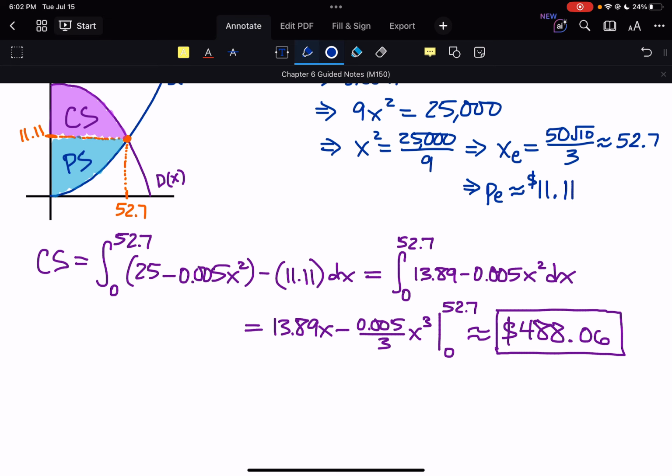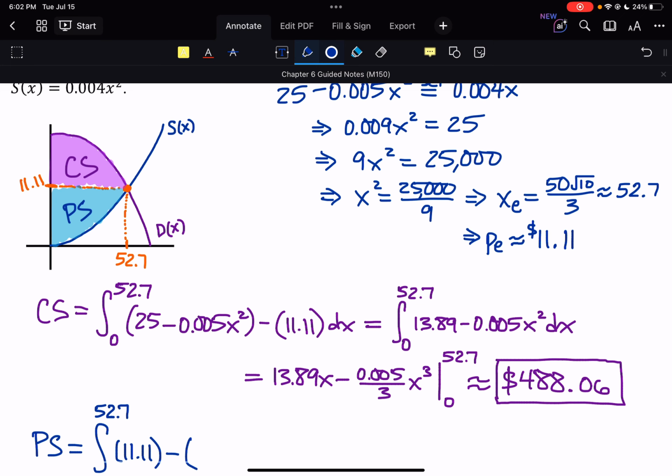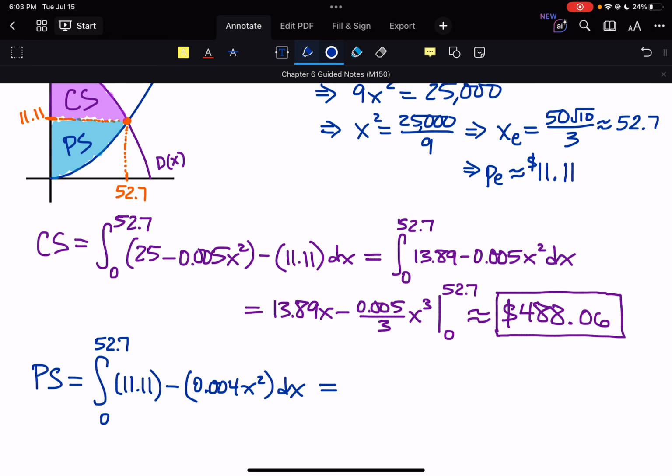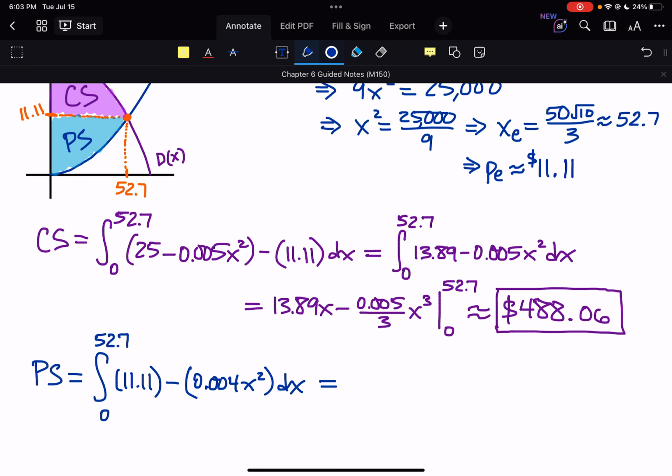And then the producer surplus, it's also being evaluated from 0 to 52.7, but now we're under the line. So 11.11 comes first, minus the supply equation, so 0.004x squared dx. So we can go ahead and take the antiderivative.